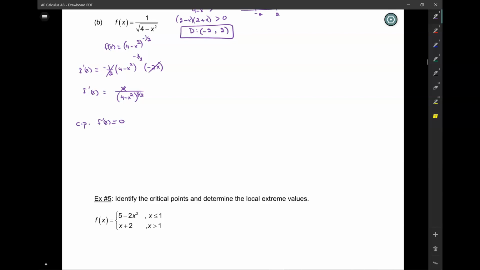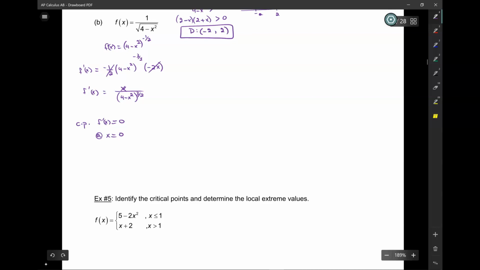It's very important that you guys understand this. When you have a rational function, this rational function is 0 where the numerator is equal to 0. So f prime of x is equal to 0 at x equals 0. So that's one critical point.